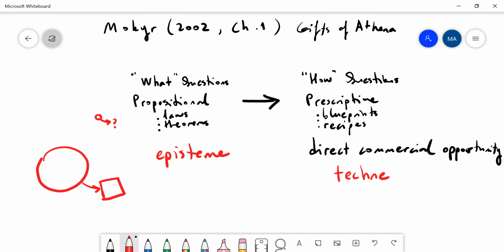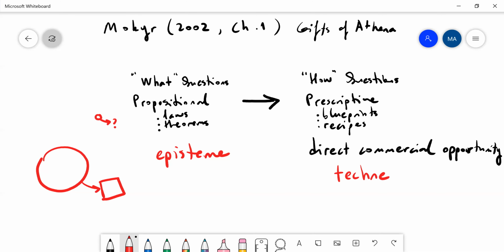If we know how to work with paper, ink, and how movable type can work, then we can develop the printing press. So that's the important classification of different forms of knowledge in Mokyr.